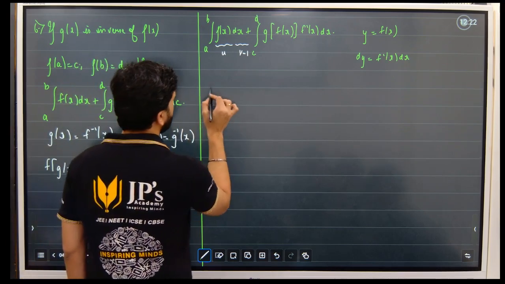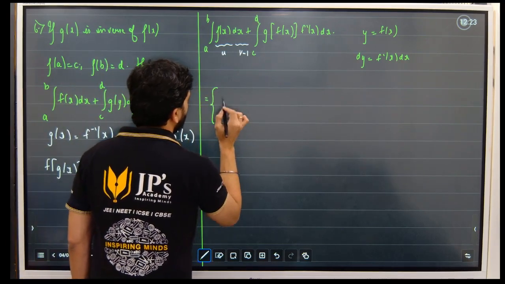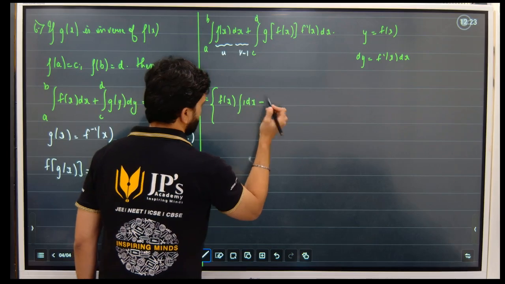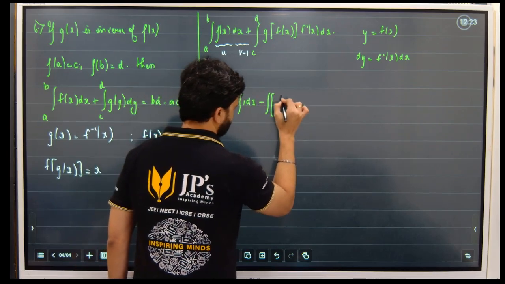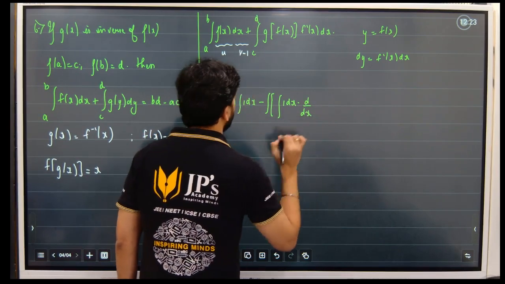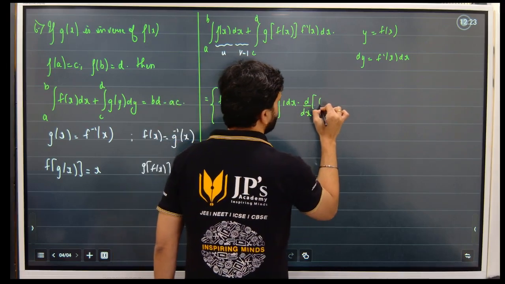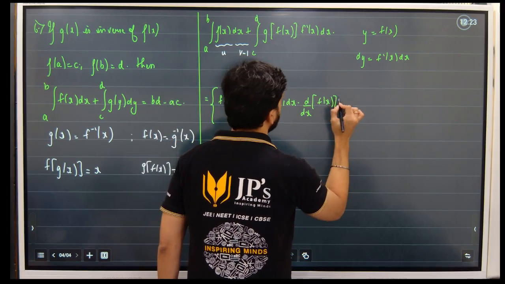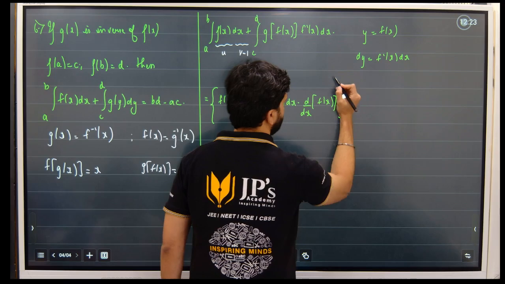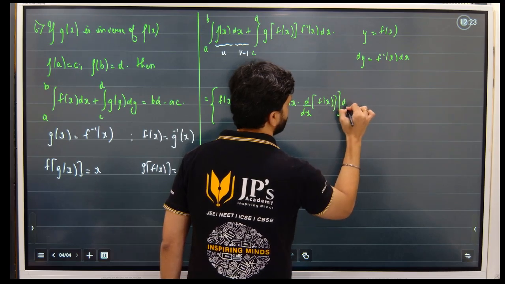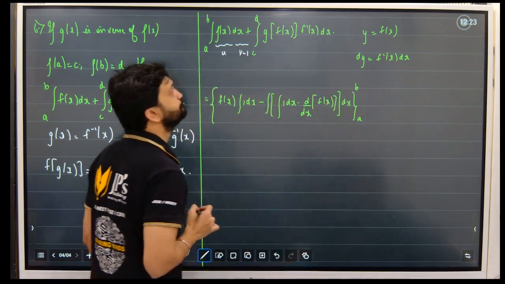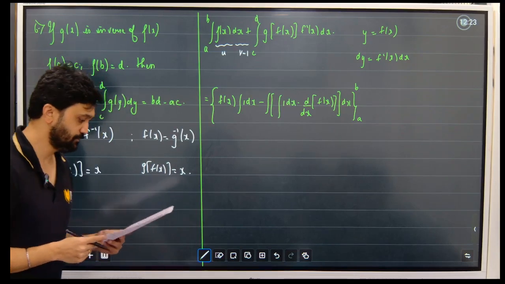If I solve this, this will become u integration v dx minus integration of integration v dx into d by dx of f of x dx. This is from a to b. Okay, g of f x into f dash x.